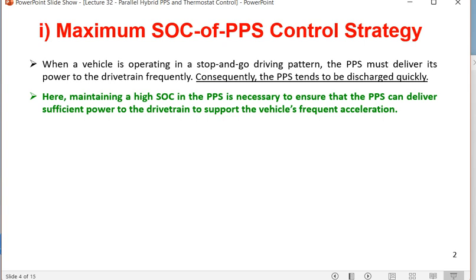So whenever we are finding this stop and go kind of driving pattern within the city, it is better we use the electric source or PPS source or battery. But in this process the PPS gets discharged.